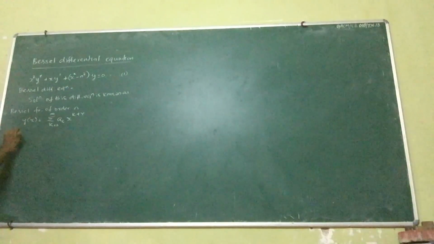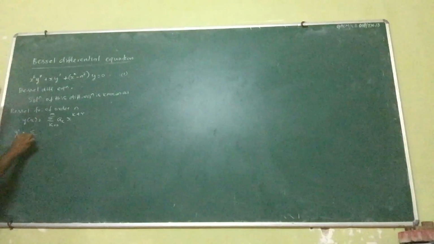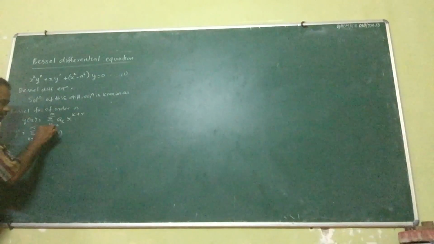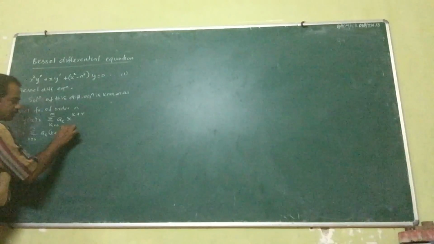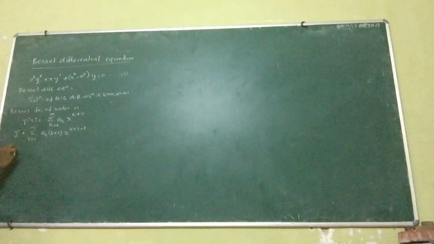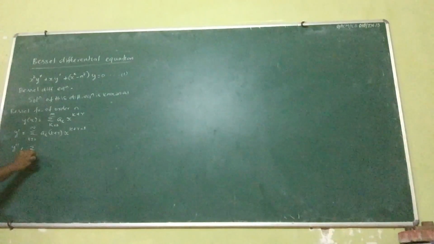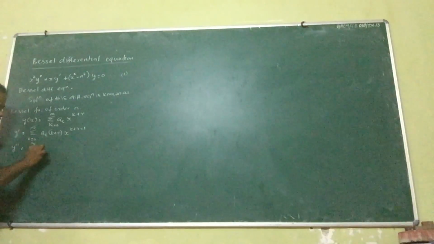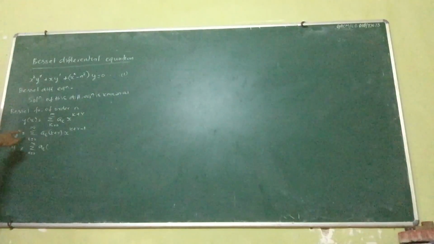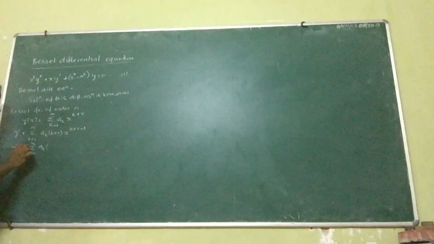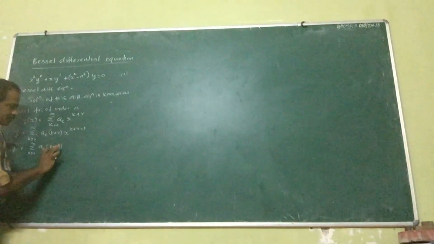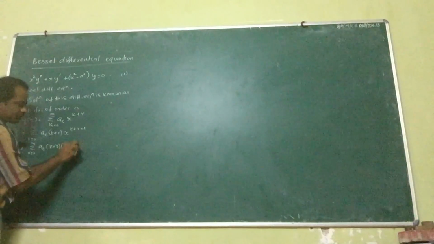As usual, we differentiate once. That gives the sum for k equals 0 to infinity of (k plus r) x to the power k plus r minus 1.